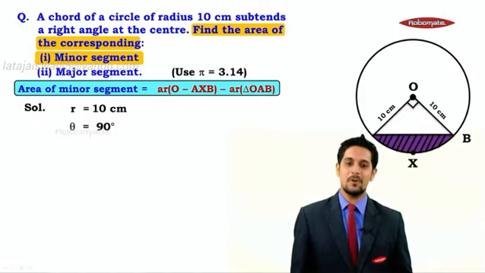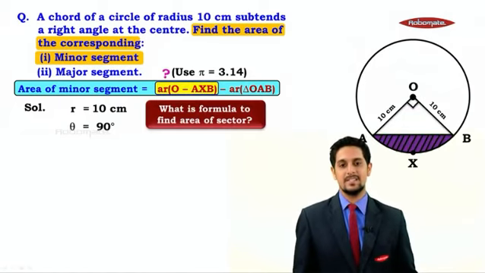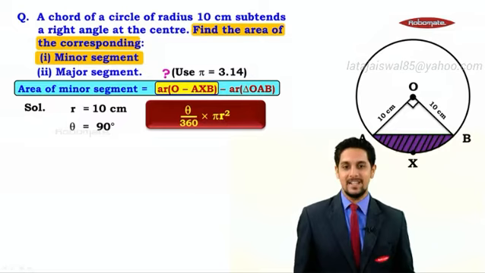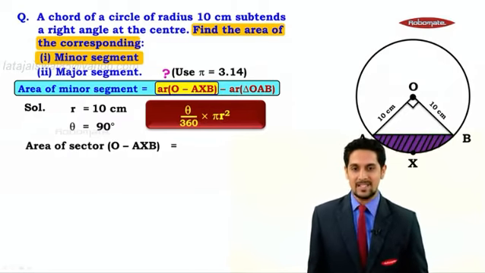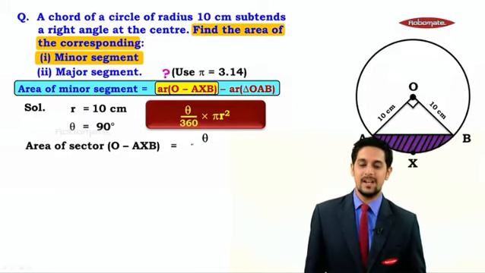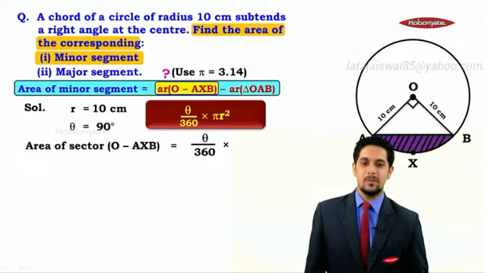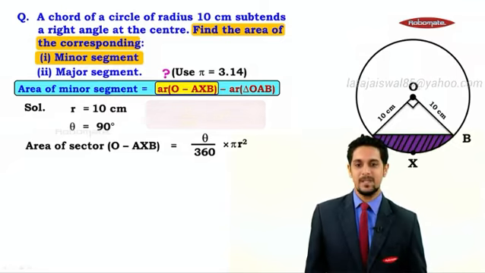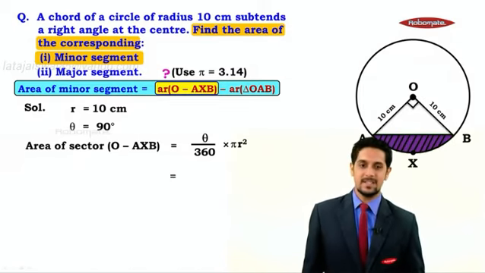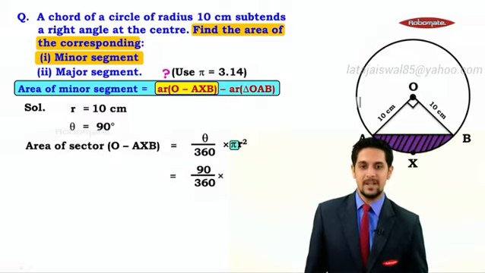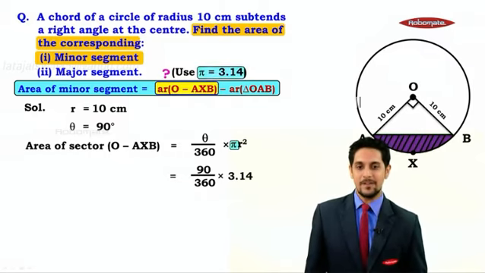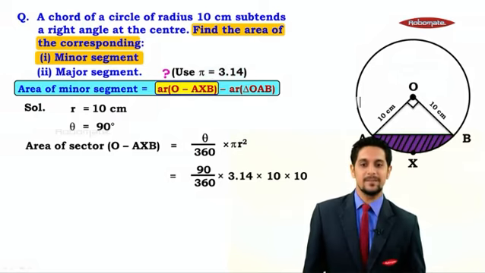Students, tell me, what is the formula to find the area of the sector? Yes, it is theta upon 360 into pi r square. So we write the area of sector O dash AXB is equal to theta upon 360 into pi r square. Let us substitute the values. So area of the sector is equal to 90 upon 360 into pi, that is mentioned as 3.14, into r square, which is 10 into 10.